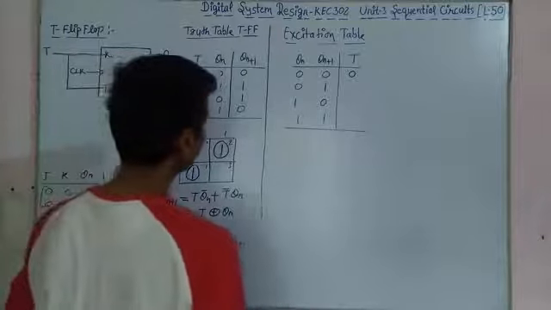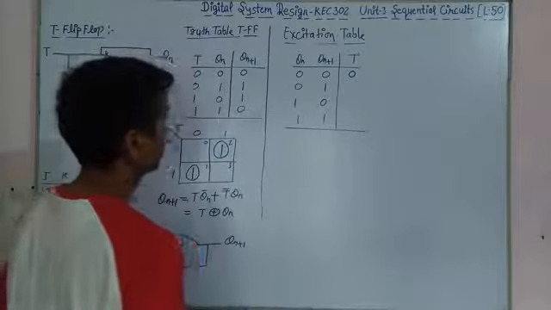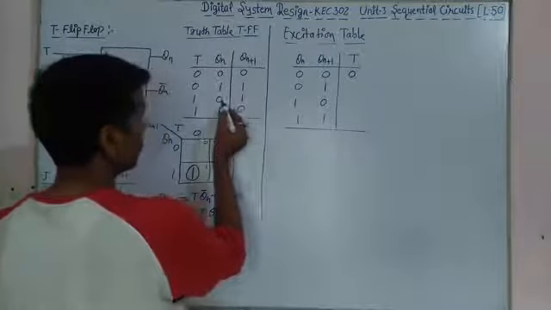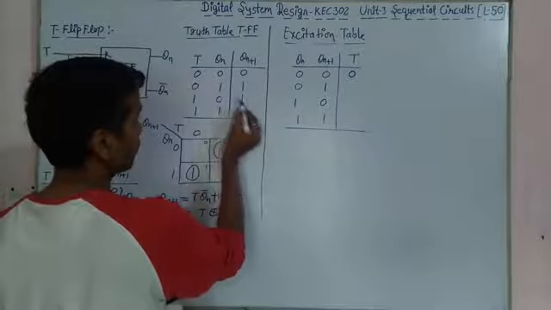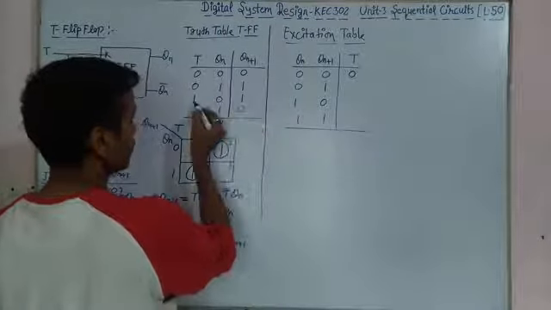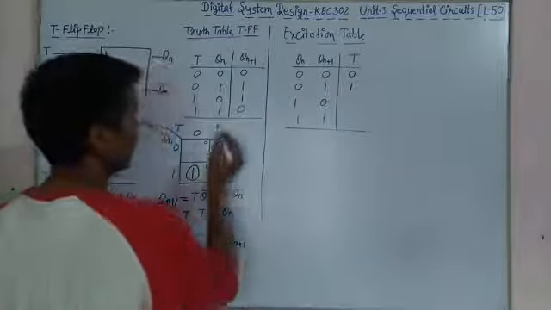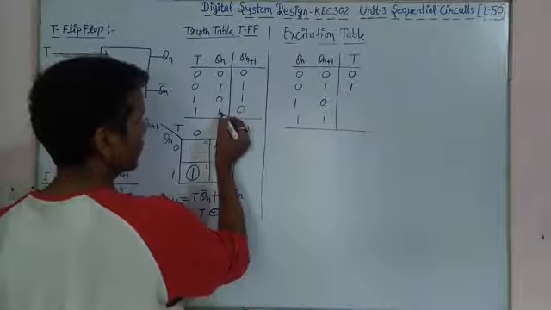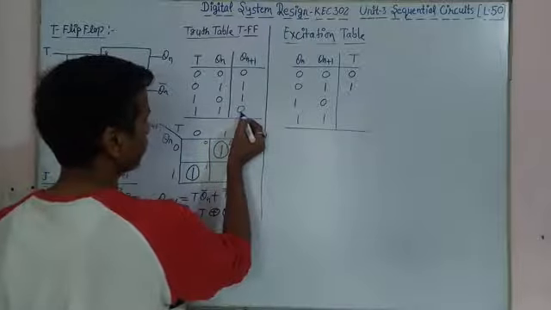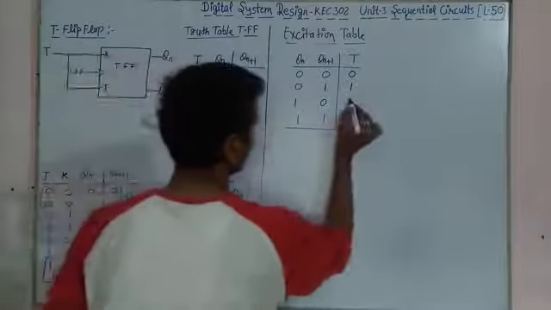Okay, Qn equal to 0, output you are getting 1, the value for T is equal to 1. Qn is equal to 1, output you are getting 0, for value T is again 1.